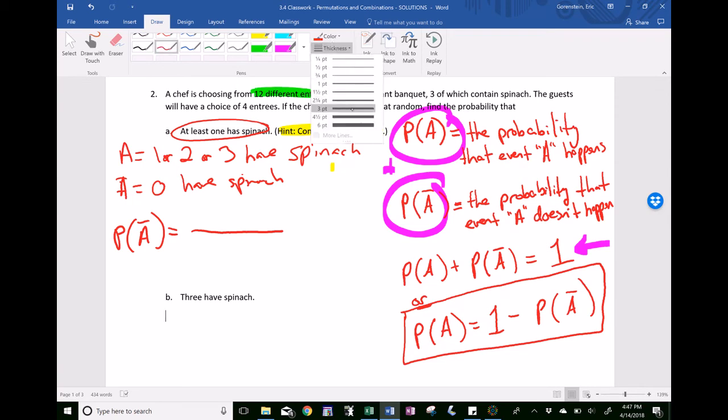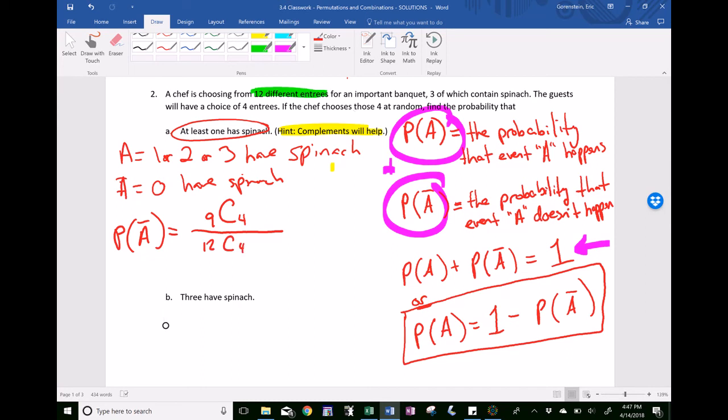The number of ways we could pick 4 entrees where none have spinach should be 9 combination 4. This tells us the total number of groups of 4 out of the group of 9. In the formula for probability, the denominator is the total number of ways your event could happen. So how many ways can we pick any 4 dishes out of the 12? That should be 12 combination 4.